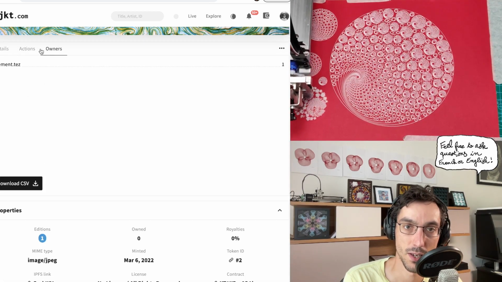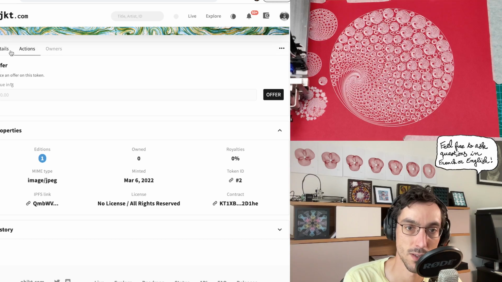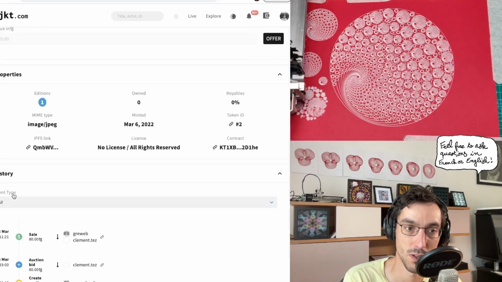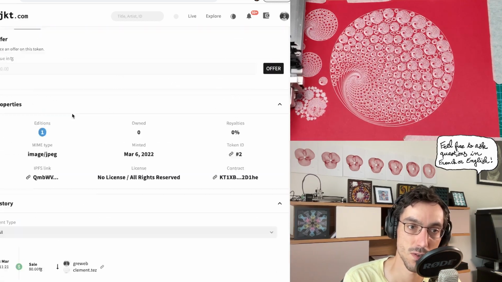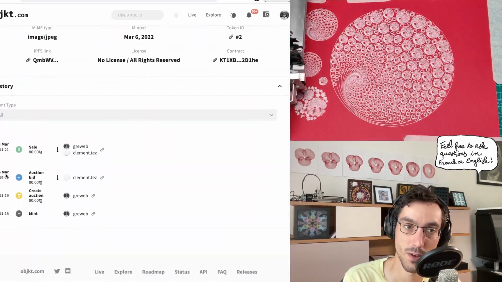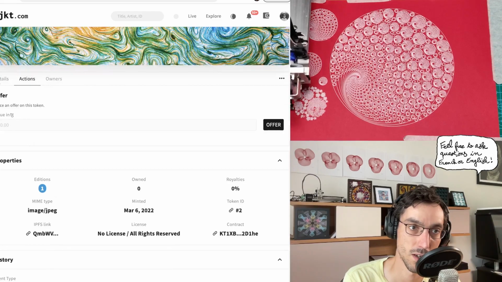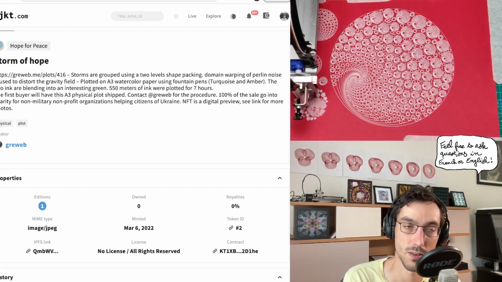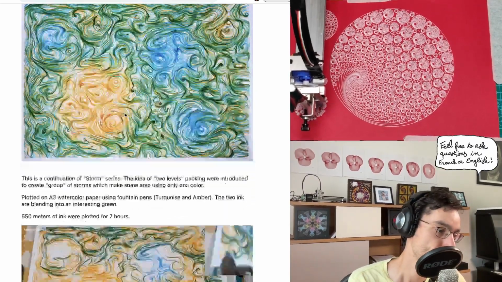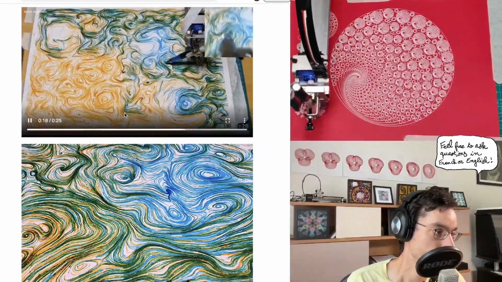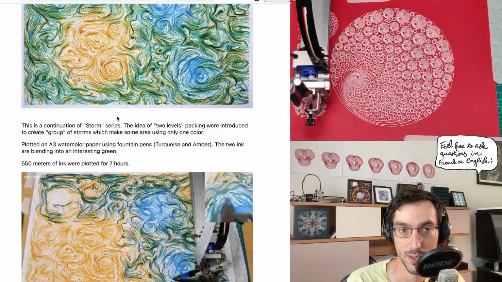I don't know how much it was sold for. 80 Tezos, which at the time I think was more, like a few hundred dollars. Anyway, that was cool to make.